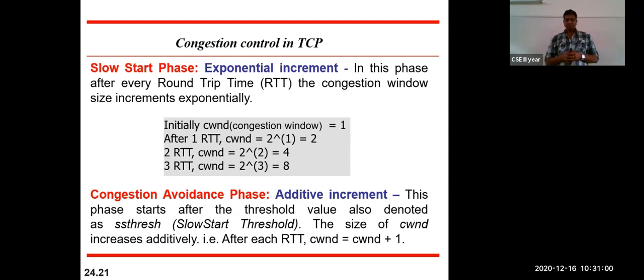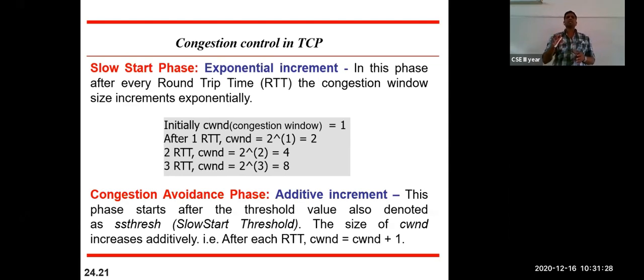This phase starts after the threshold value, denoted as ssthresh. SS means slow start, thresh means threshold. We have to write this in the program if required. ssthresh means the slow start phase threshold value is met.